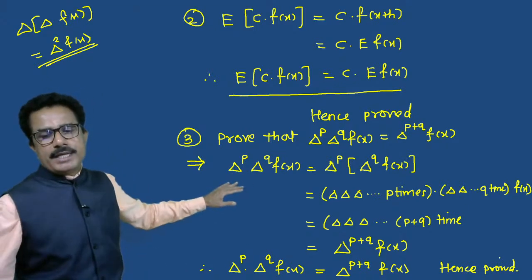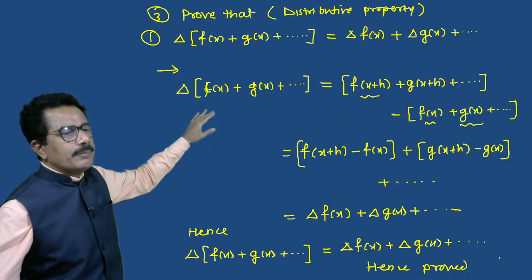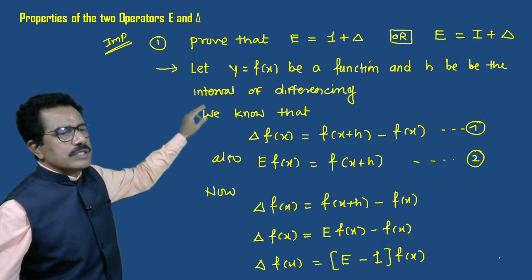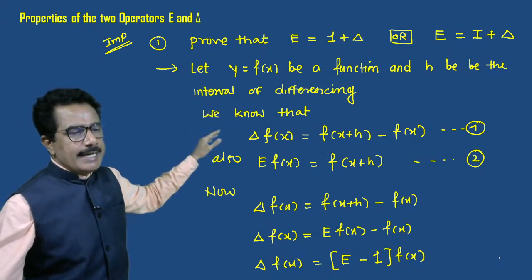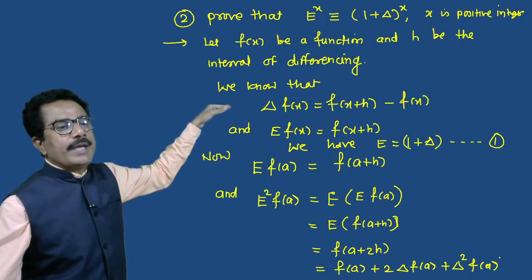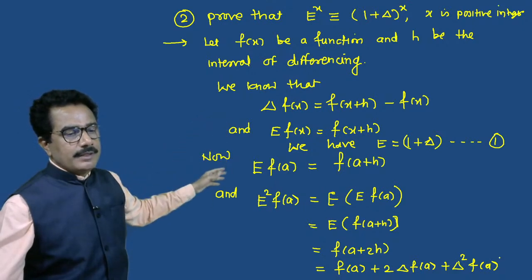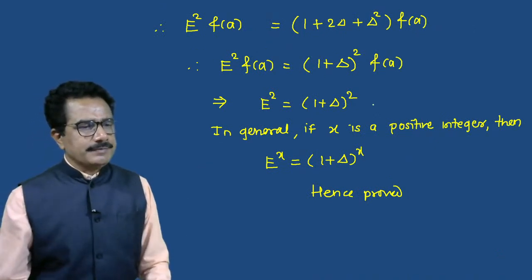म्हणजे अशा पद्धतीनं हा आपला इथं properties, these are the different properties which we have to prove. See, this is the first property we have to prove that E is equal to 1 plus delta. This is a simple proof. Second, prove that E raised to x is equal to 1 plus delta raised to x. So this can be written as, suppose this is the second.